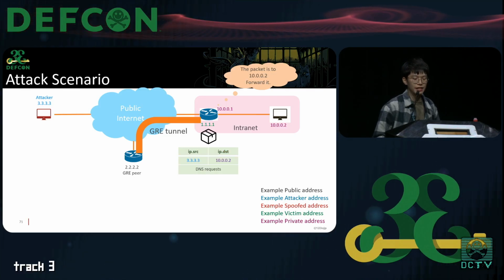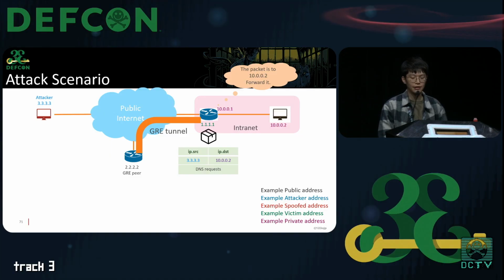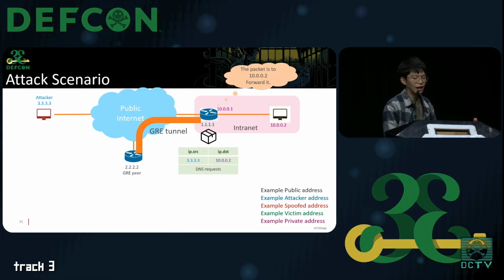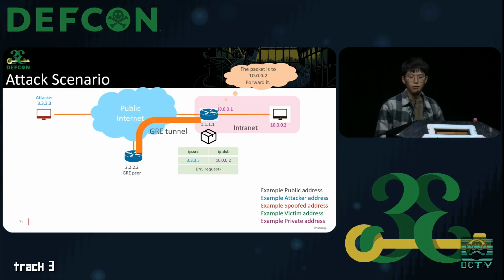Then the victim will unpack the GRE packet and discover that it contains a DNS request whose destination is a private network IP. The victim will then forward the packet to its company intranet based on its routing table.